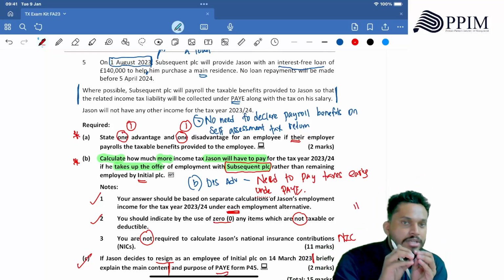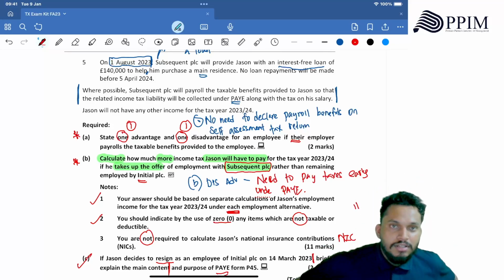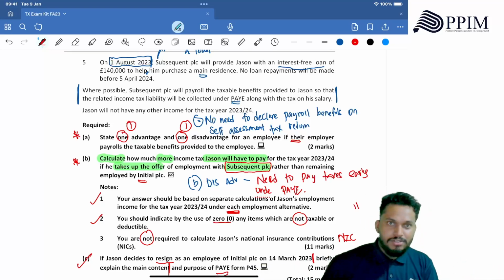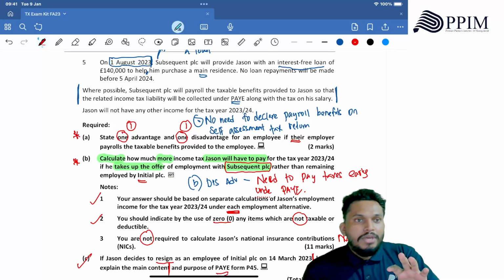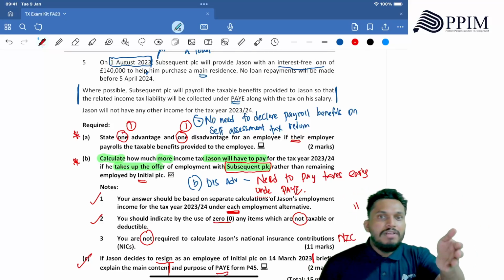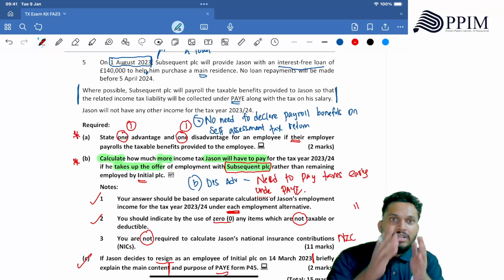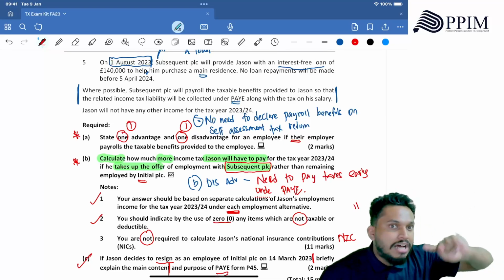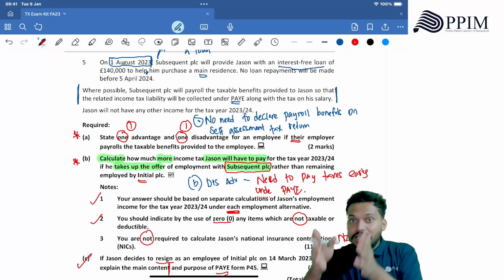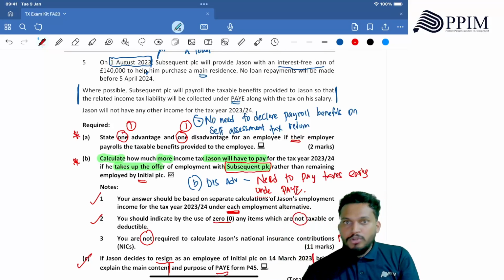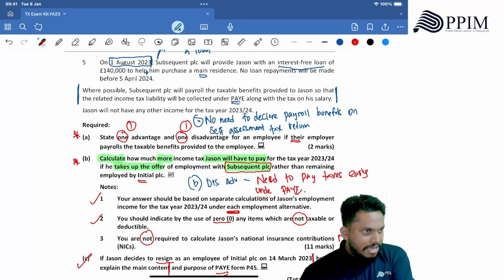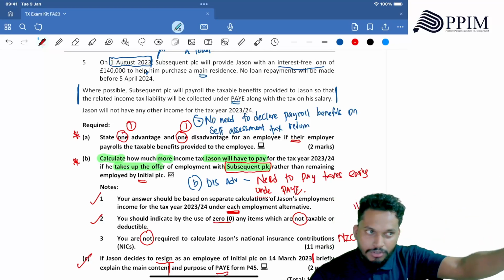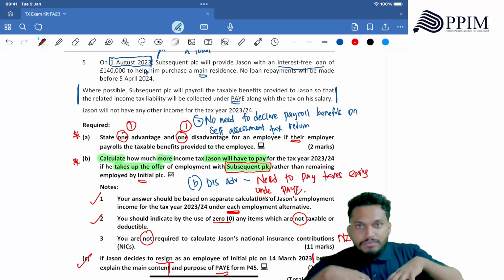Because if you are submitting your tax return, when will you submit? Annually. Annually only you need to submit your income tax returns. So the payroll benefits, if the employer is paying, it is paid then and there. Your tax amount is already deducted at the source. When you are calculating your income tax return, you find all your tax liability and finally deduct that PAYE amount. Why are you deducting that amount? Because already you have settled it with the tax authority.